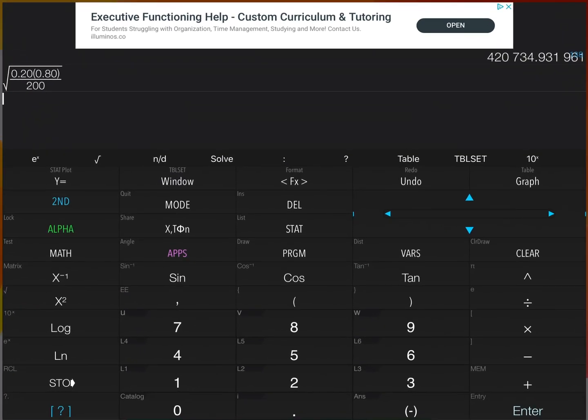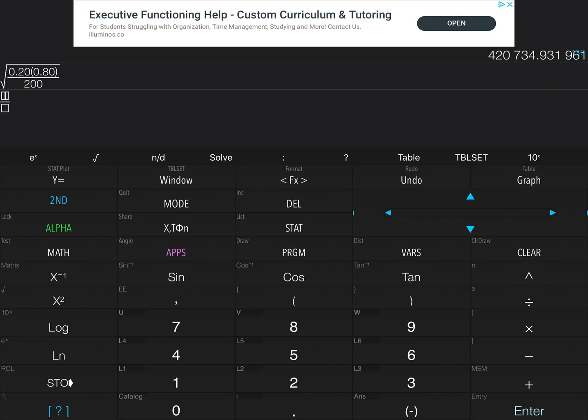So going back here, I'll do 0.22 minus 0.20, and we're dividing that by the standard deviation of, what was that number? Give me 1 second, I'm looking for that number. 0.028284.